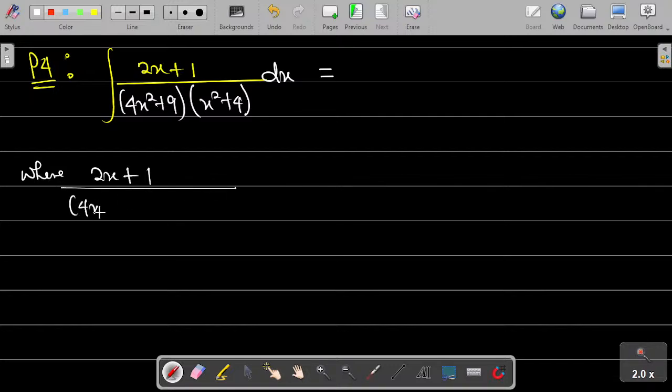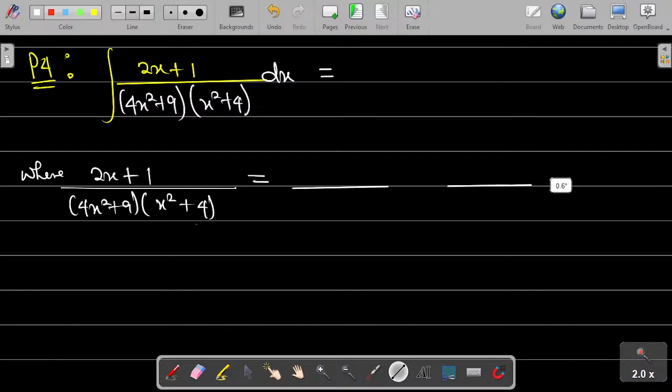The material has already started the work, so we are just going to follow. You can see that the denominators are distinct quadratic denominators, so there will be two fractions.